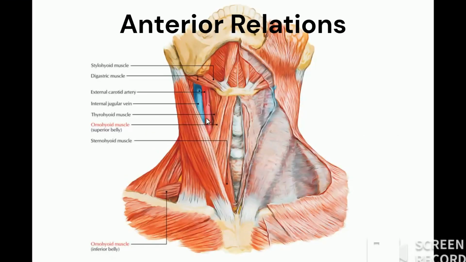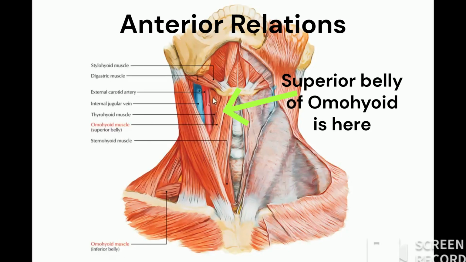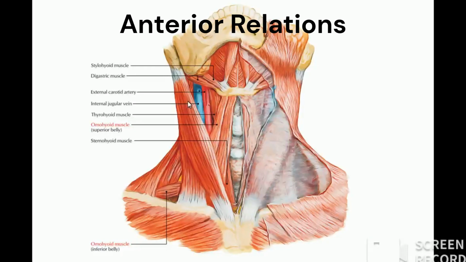Now let us look at the relations of the common carotid vessels. So anteriorly we have the superior belly of the omohyoid muscle. This is the superior belly of the omohyoid muscle over here. Okay, this will be located anteriorly, and also we have another muscle, which is this one, the sternocleidomastoid.